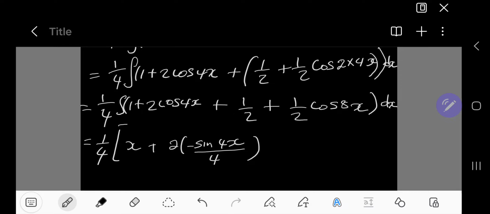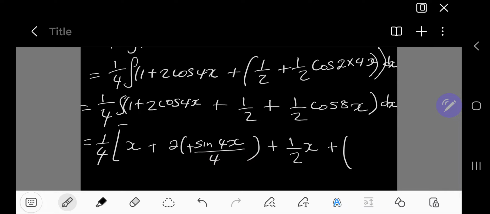And then we come here, that's plus 1 over 2x. And if we integrate that one, that's going to be plus, and it's going to be minus sine. Did I say minus sine? No, it's positive.